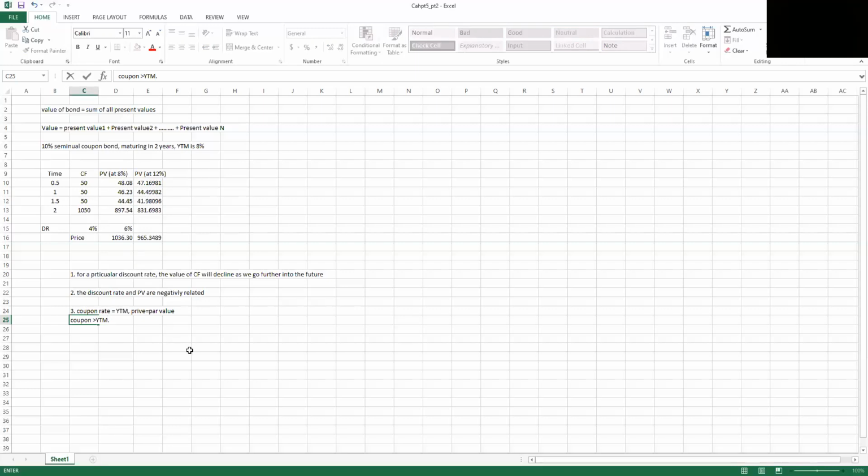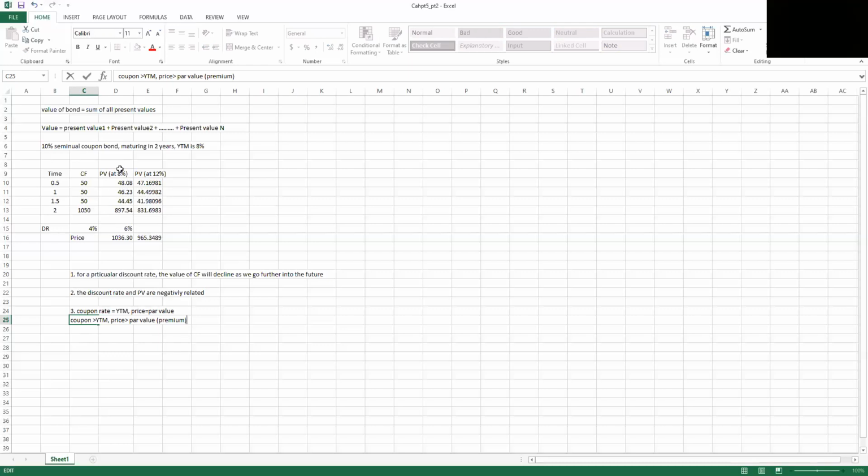the price will be greater than the par value, or we say the bond is selling at a premium.